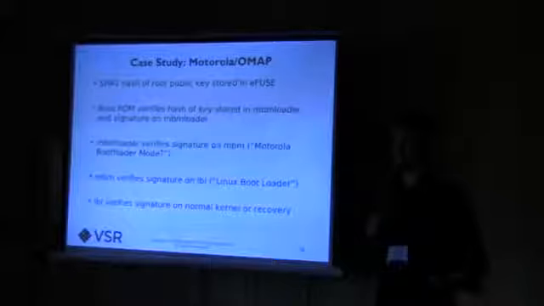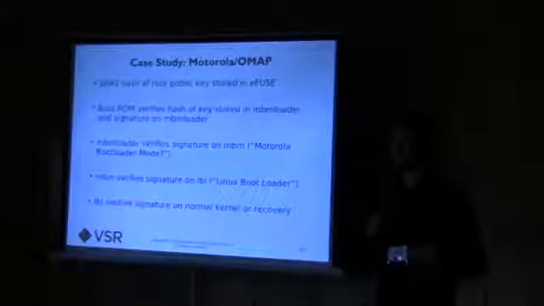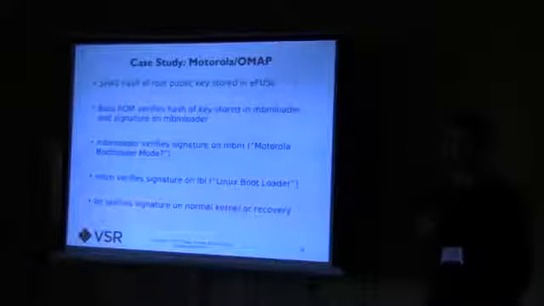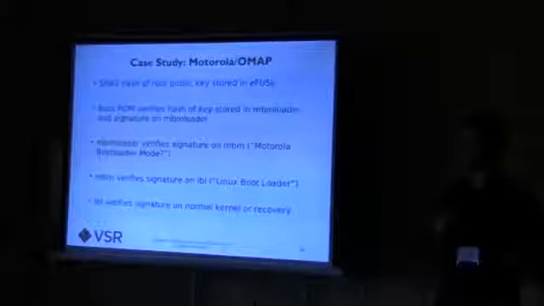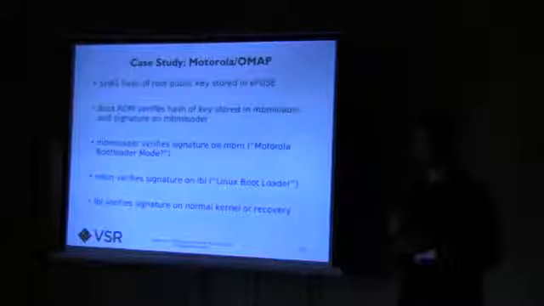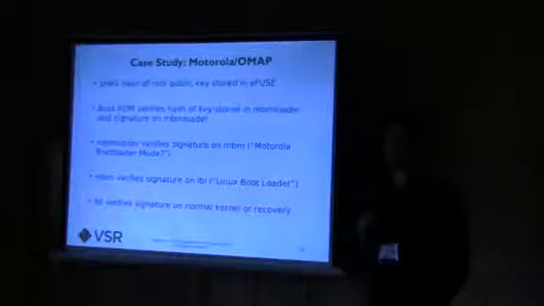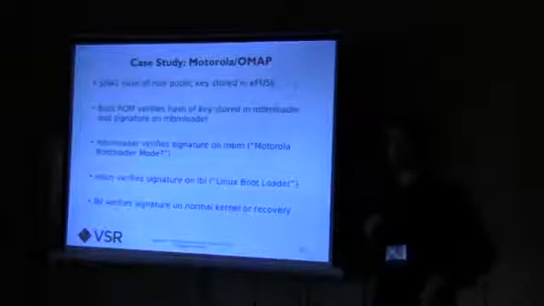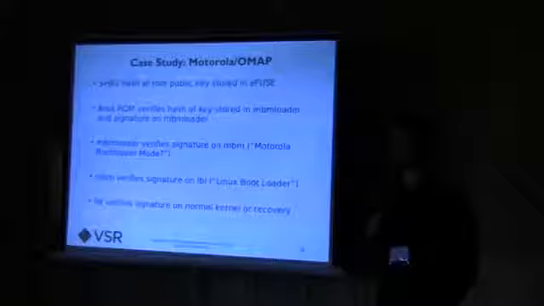And then if that hash verifies, then it will check the signature on the bootloader, which is called the MBM loader. Next, the MBM loader will verify the signature on MBM, which is the next stage bootloader, which will in turn verify the signature on LBL, which is the Linux bootloader, and then finally we'll verify the signature on either the normal Linux kernel or Android recovery.